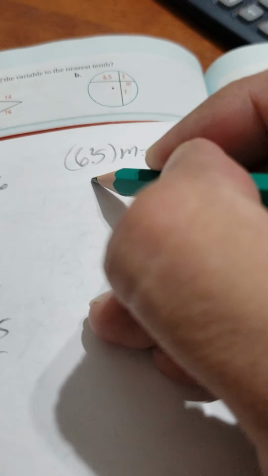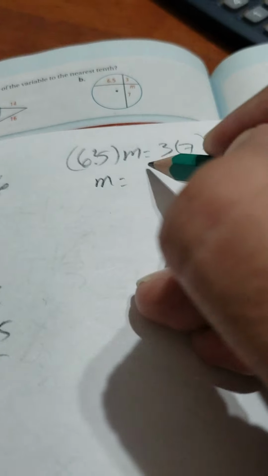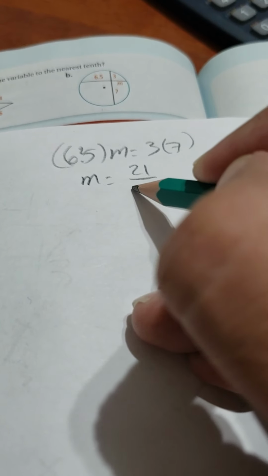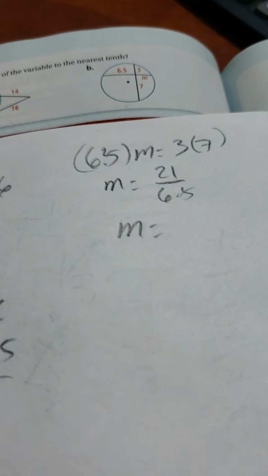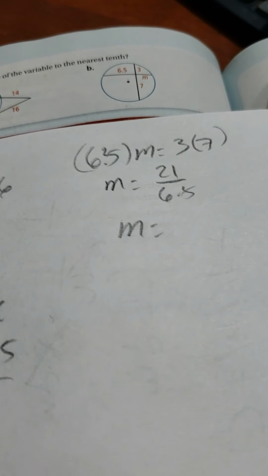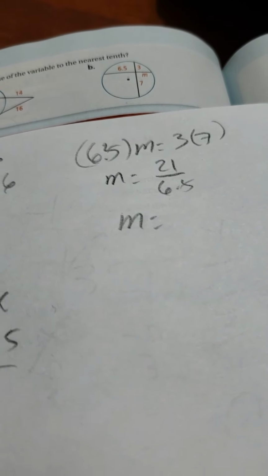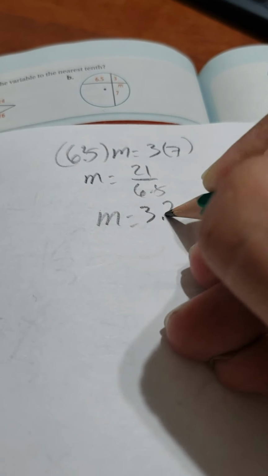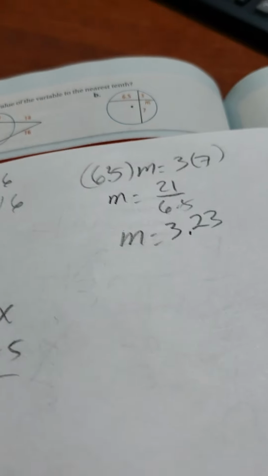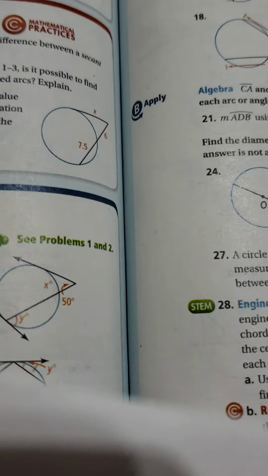Now, the result will be m is equal to 3 times 7, 21, divided by 6.5. M is equal to 21 divided by 6.5, which is 3.23. And that is the answer for that exercise. The first one is 13.75 and the other one is 3.23.